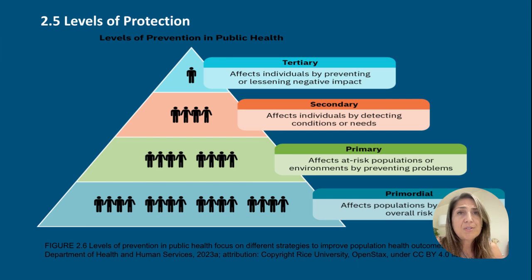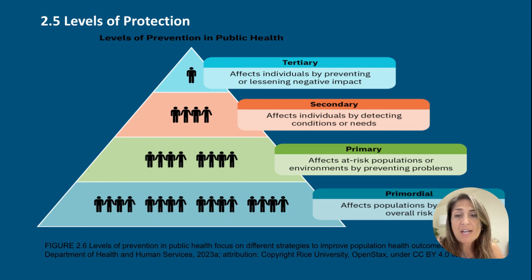Secondary would be you're a nurse in the community and you're screening for diabetes and you catch someone who has type 2 diabetes, and now you're able to detect it early. They haven't had it a long time, so it hasn't had the chance to have these really negative health impacts, and you can get them to the right places in order to be cared for.